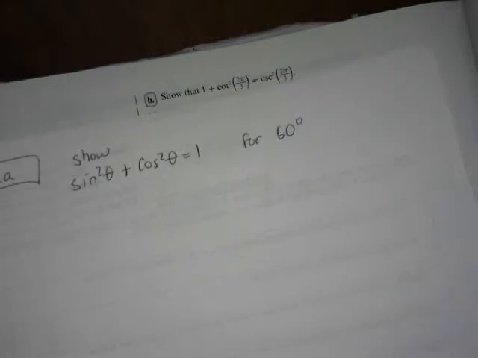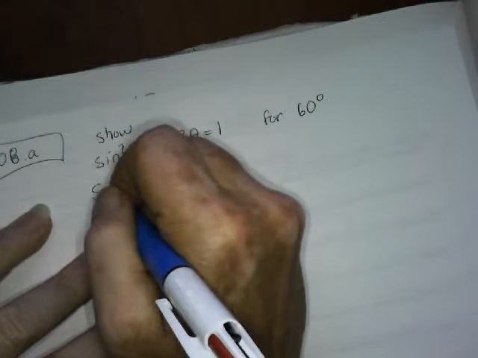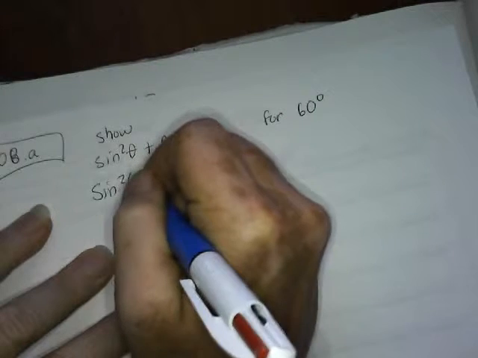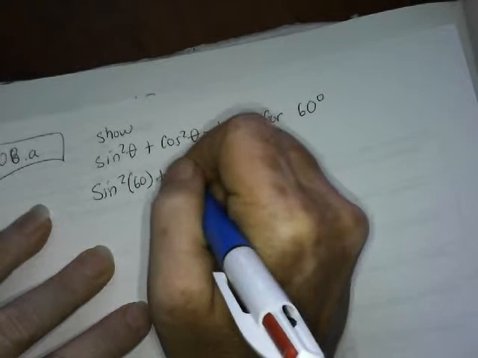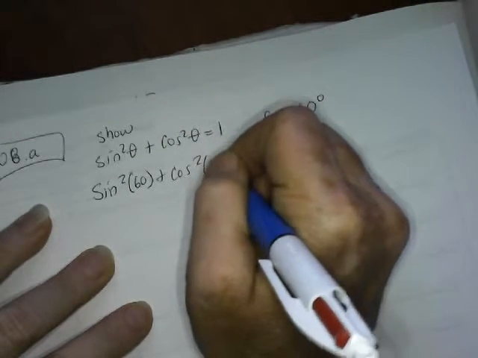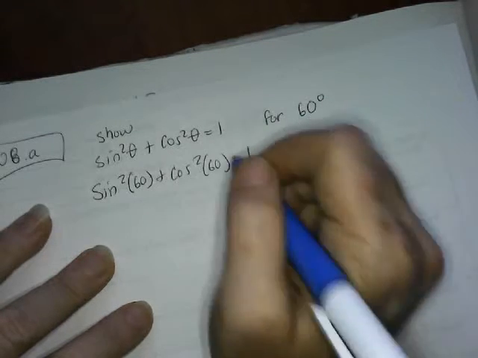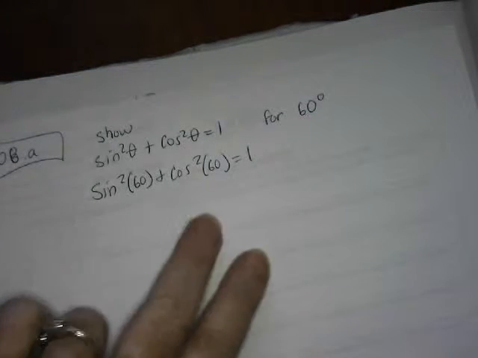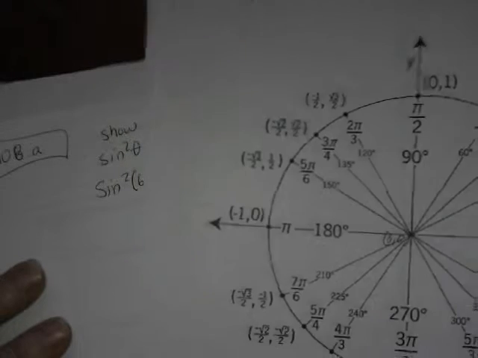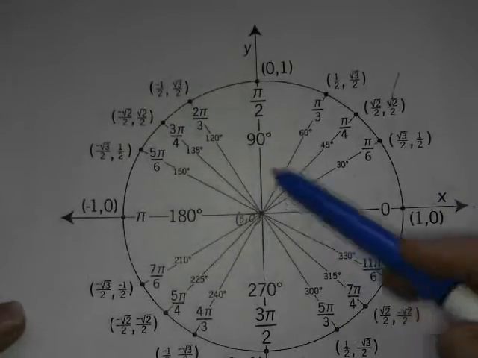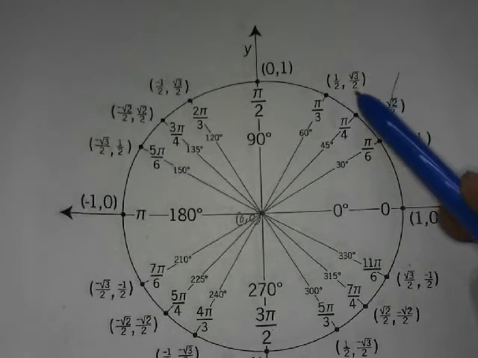So I'm just going to plug in 60. I'm going to say sine squared of 60, and show that when I get those values they actually add up to 1. Sine is the y value on my unit circle, and it wanted 60 degrees, so it's root 3 over 2.